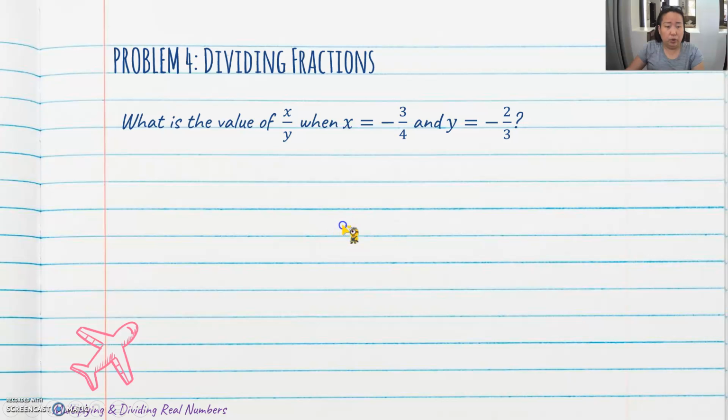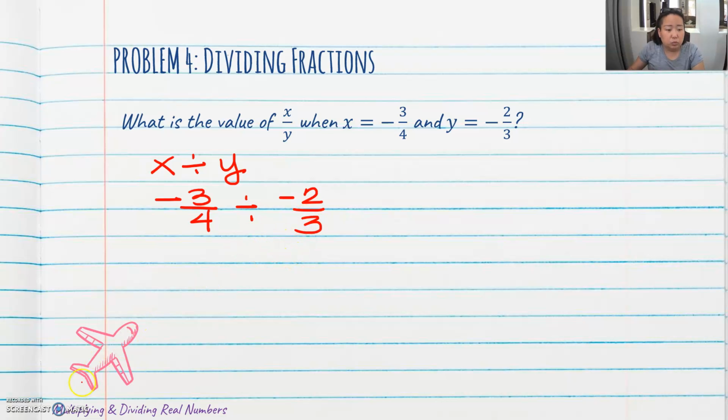So let's work with dividing fractions. Division of fractions makes use of the reciprocals, or the multiplicative inverse. In this case, we have x divided by y. The value of x is negative 3 over 4, and the value of y is negative 2 over 3. If we replace our variables with these values, this will be negative 3 over 4 divided by negative 2 over 3.